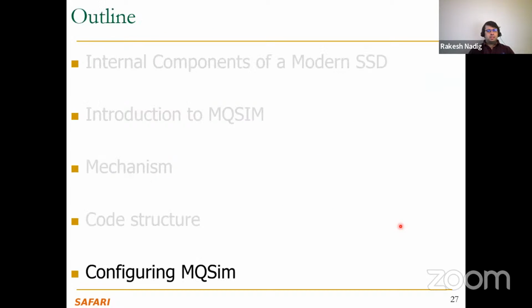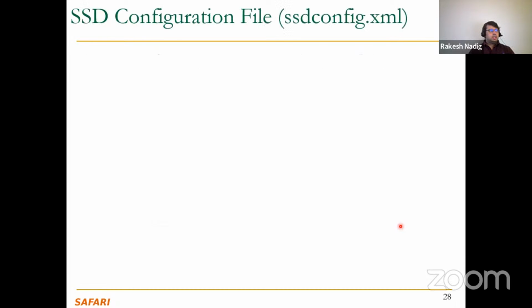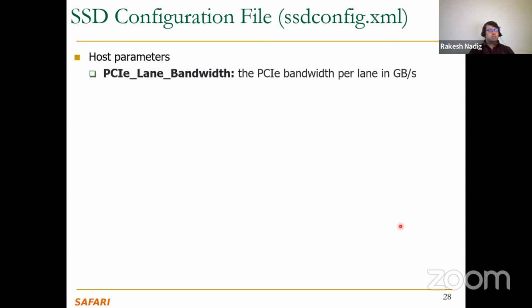Next I'll go into how we configure MQSim. Let's look at the SSD config.xml, which is the file we use to define the preferred SSD configuration. We have the host parameters.